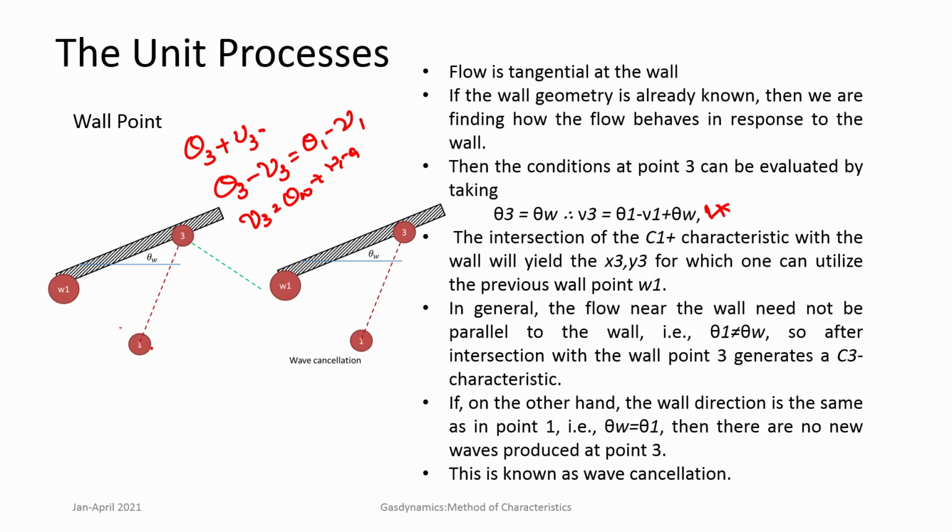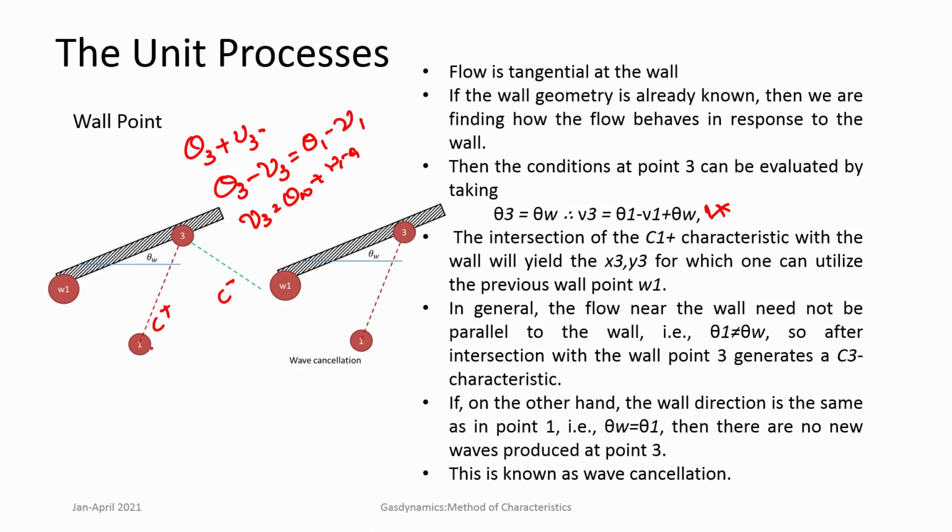But here in general what happens is at point 3 another set of characteristics can be produced, okay, which is now in the C minus direction, the C minus characteristic. So, a C plus characteristic can go to 3 and then get reflected from that point.